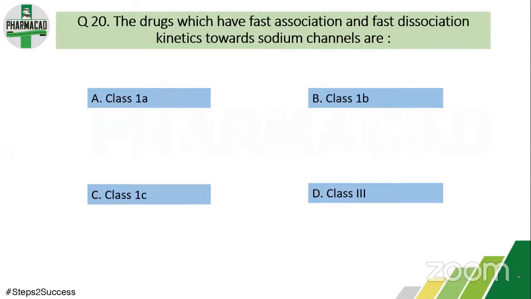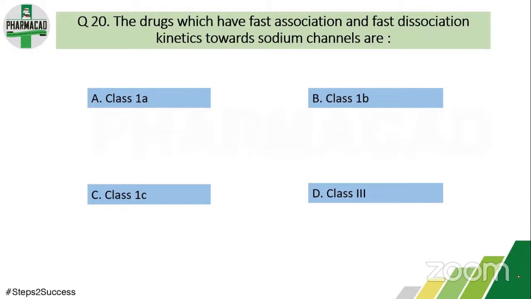Okay, so let's look at the last MCQ for the day. The drugs which have fast association and fast dissociation kinetics towards the sodium channels are option A is class 1A, option B is class 1B, option C is class 1C, and option D is class 3.